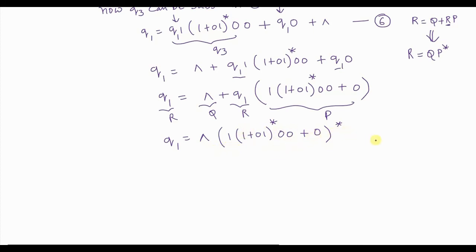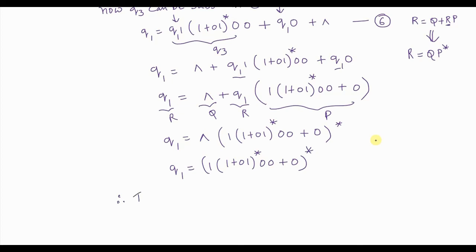Now it is very easy to understand that since null is over here, the final regular expression that we get in Q1 will be 1 into (1 + 0 1*) (0 0 + 0)*.